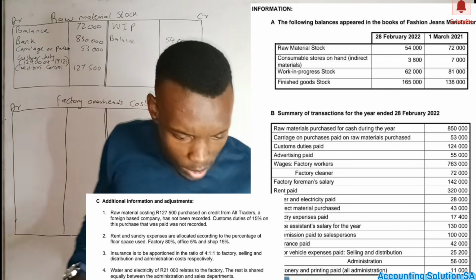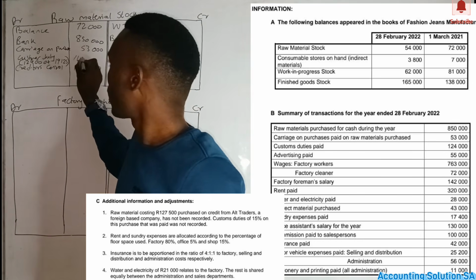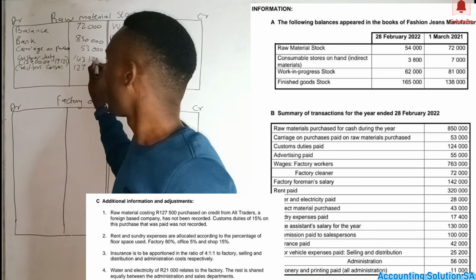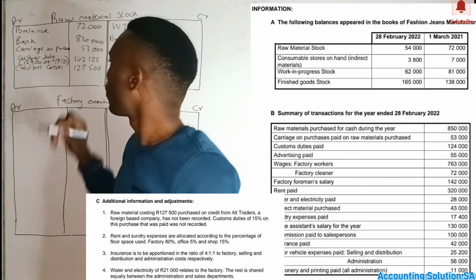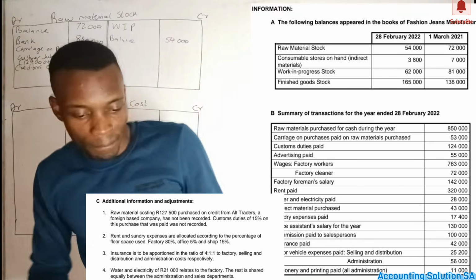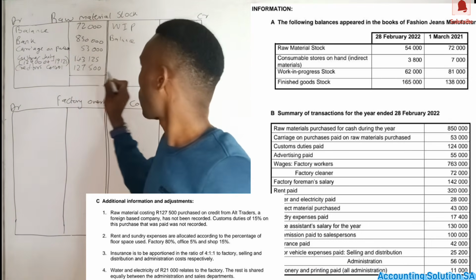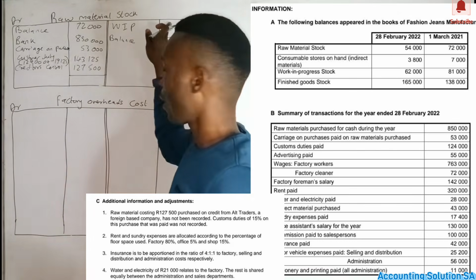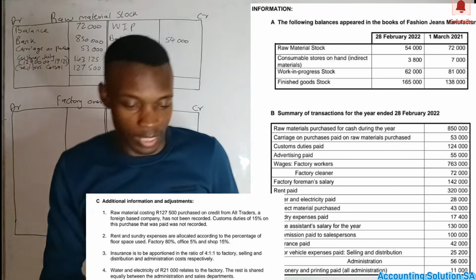Okay, if we add these two, we are going to get 143,125. Simple as that. Then after that, we have to make sure that we calculate the total on this side so that we can get a balancing figure on our right side.